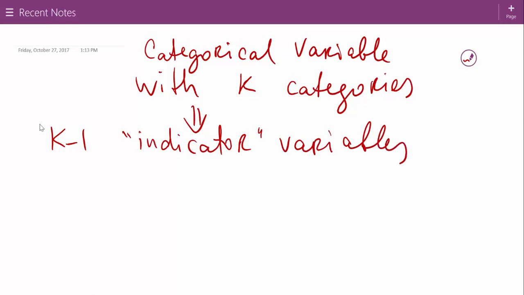Okay? So for example, I'm going to show you a different example. Let's say I'm predicting whether or not a person, client of the bank, will accept a loan offer, or will default on the loan, okay? And I want to use things such as education level, right?